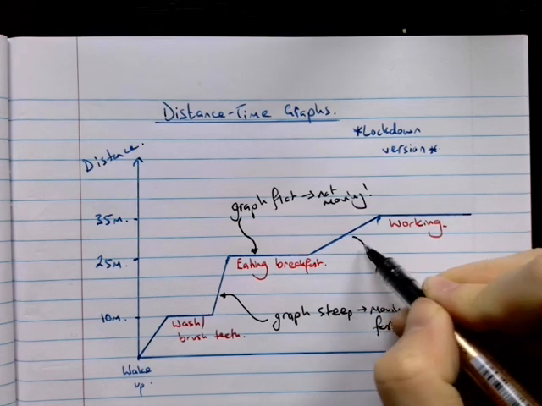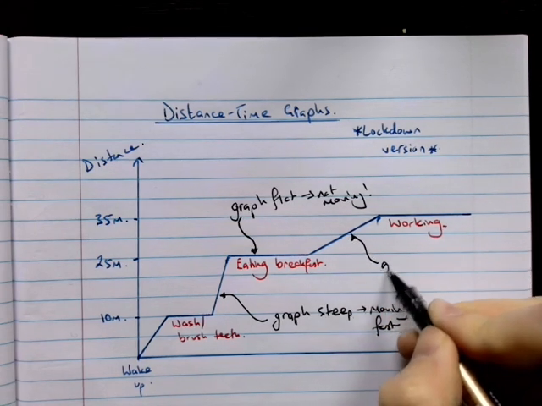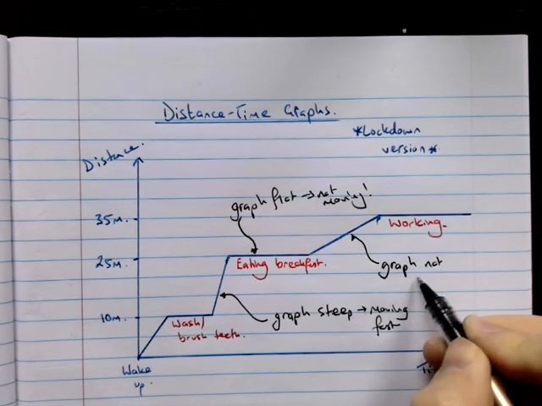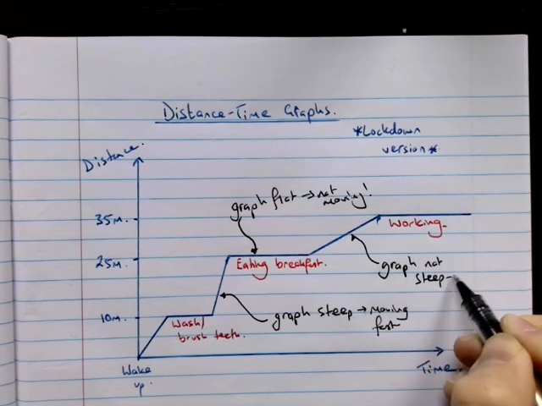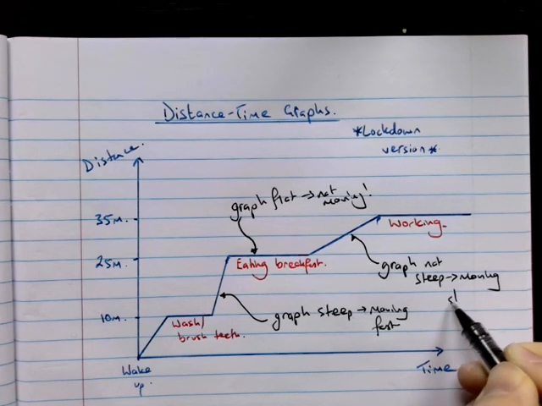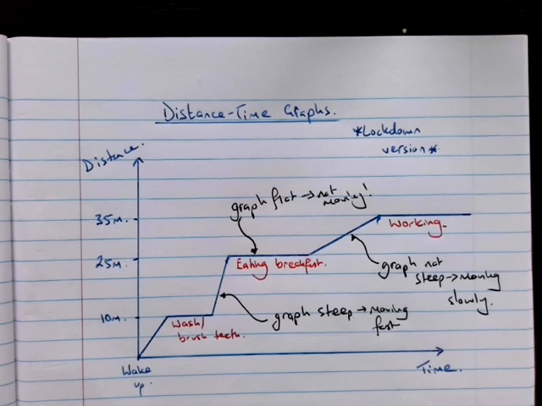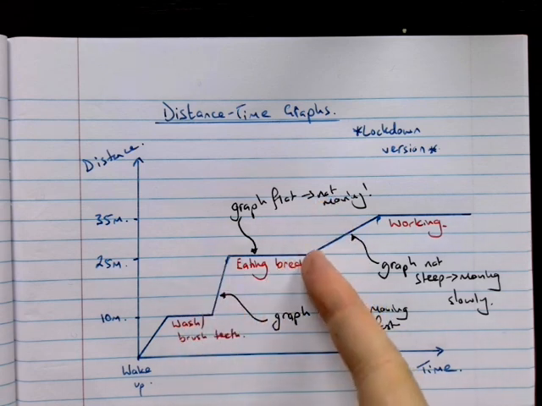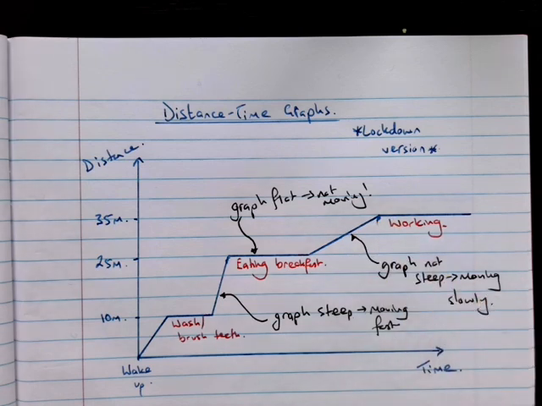And here, where the graph is not steep, you are moving slowly. Those are the three important things that you need to know about these kinds of graph: when it's flat, you're not moving. If it's steep, it means you're moving really fast. And if it's not steep, it means you're moving slowly.